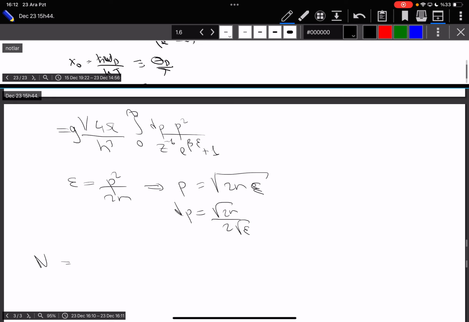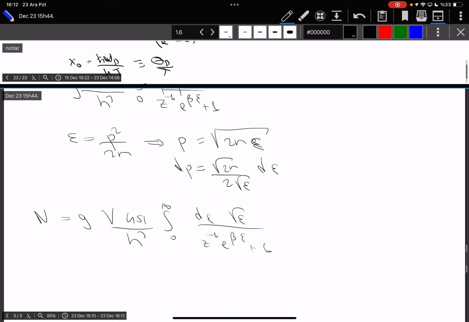So the number of particles is V 4 pi over h cubed, then we have (2m)^(3/2) divided by 2.